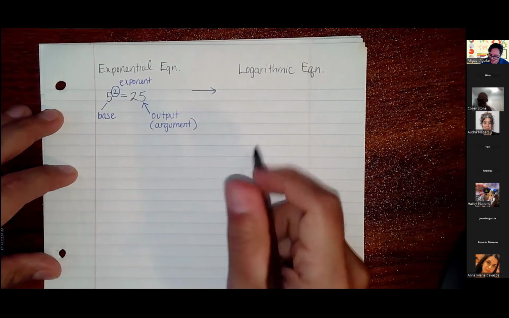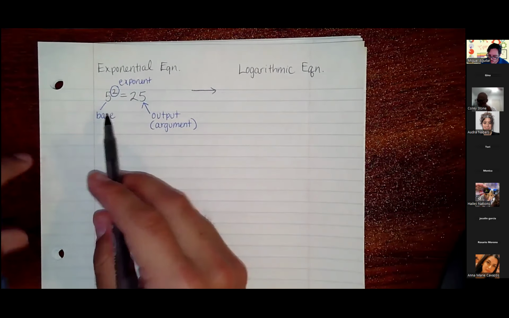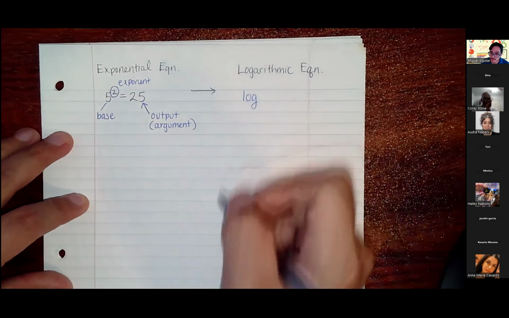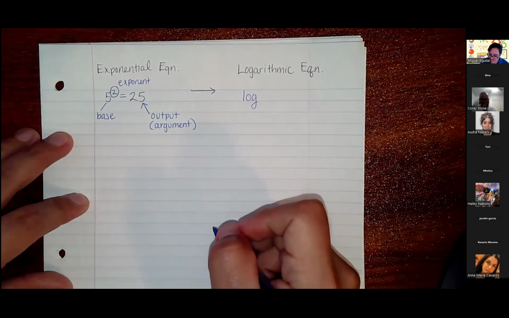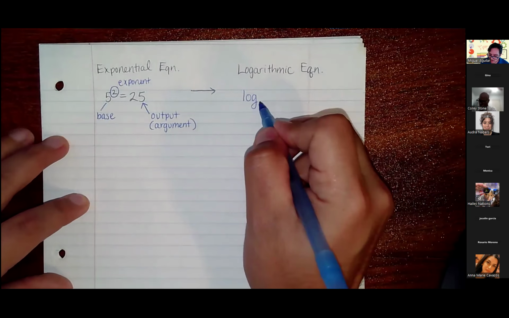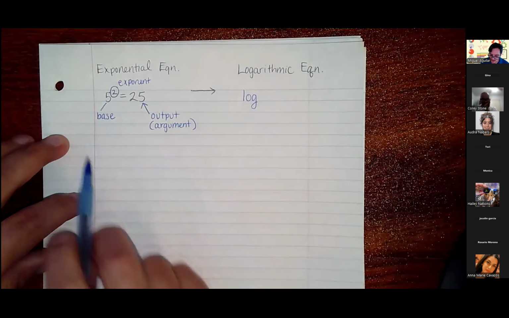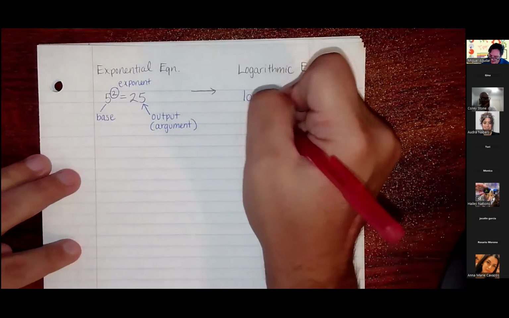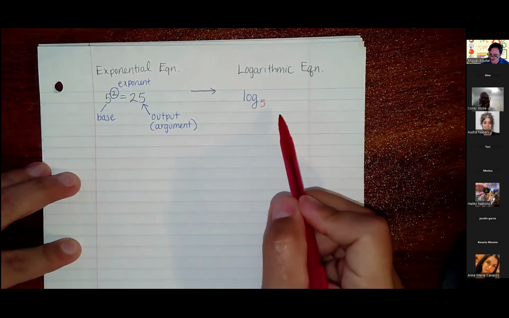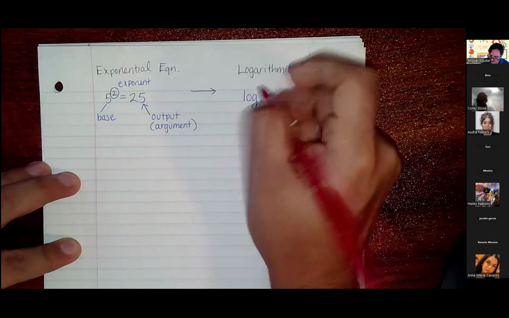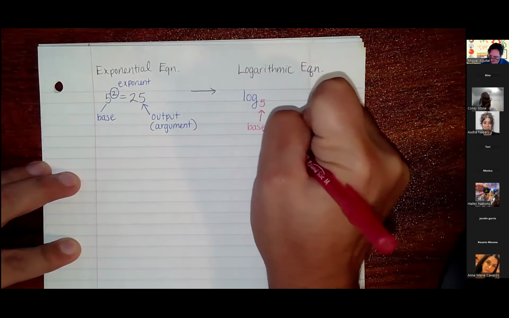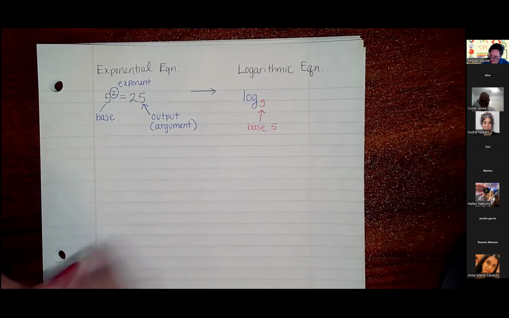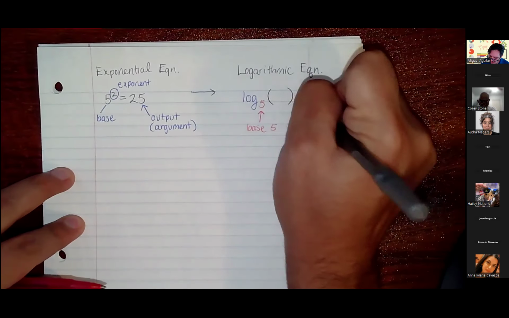The way we're going to do this is we're always going to start by writing the word log, and then we're going to write the base of this exponential. This base was a 5, so I'm going to put a base 5 here as a little subscript. Then I'm going to open up some parentheses and put an equal sign here.